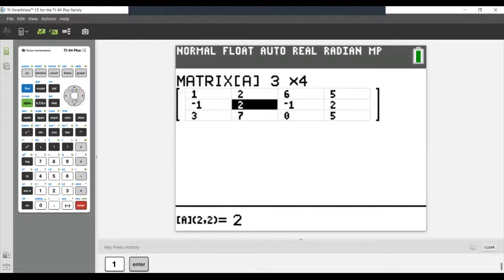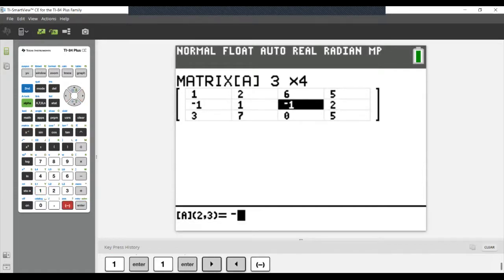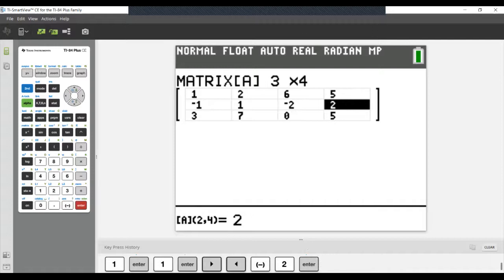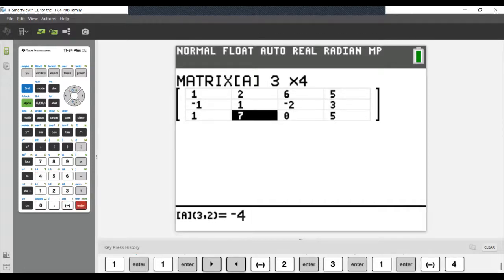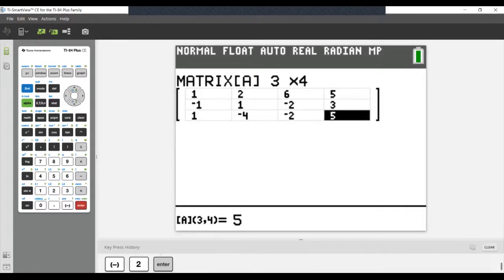Negative 1, 1. And I want to do a negative 2. And 3, 1, and a negative 4, and a negative 2, and 1, 1, and 1, 4, 6, 1. There we go.